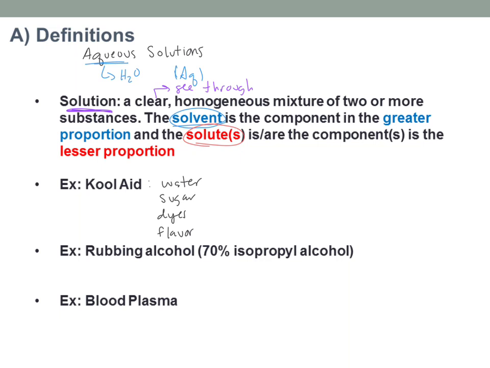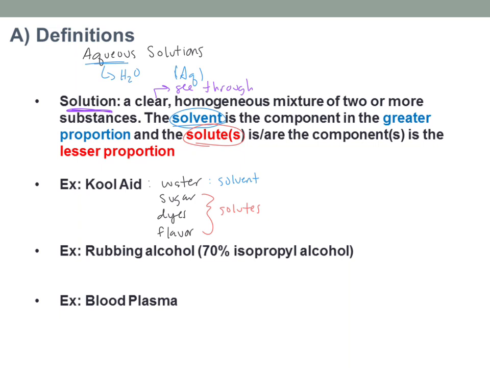If I want to know what the solvent or solutes are, water's definitely going to be the solvent because that's the thing that's present in the greatest proportion. You have more water than anything else. All of these other things we would consider solutes, since they are present in proportions smaller than water. So we'd have a whole bunch of solutes, only one solvent.